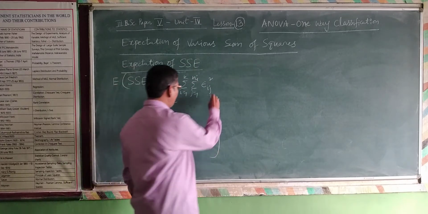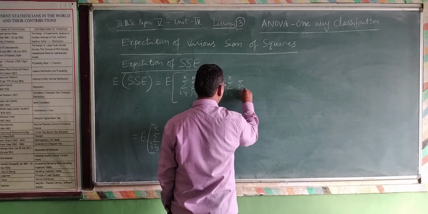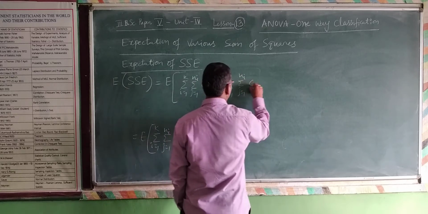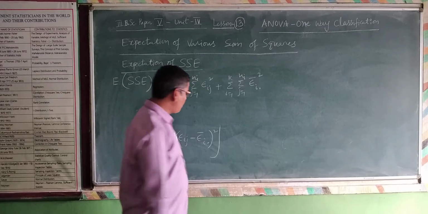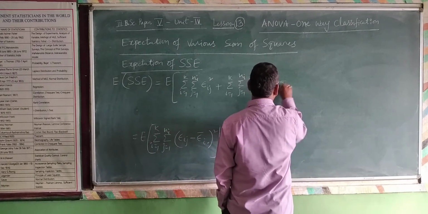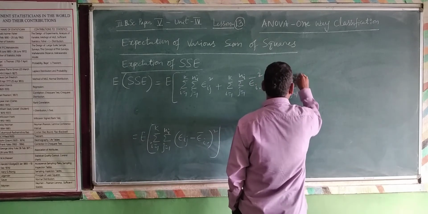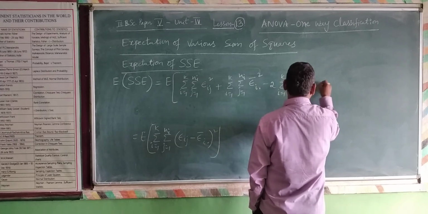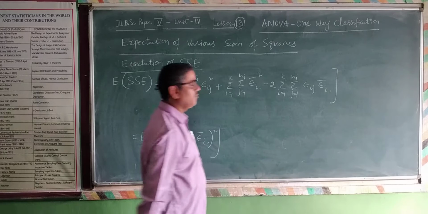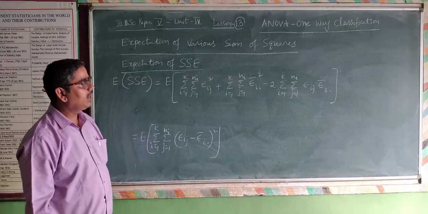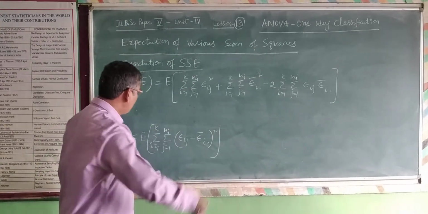The second is plus summation i equal to 1 to k, summation j equal to 1 to ni, epsilon bar i dot square, the b square term, minus 2ab, minus 2 multiplied by summation i equal to 1 to k, summation j equal to 1 to ni, epsilon ij into epsilon bar i dot. So these are the three values you have after squaring and taking the summations.